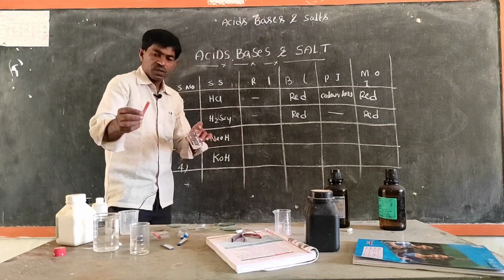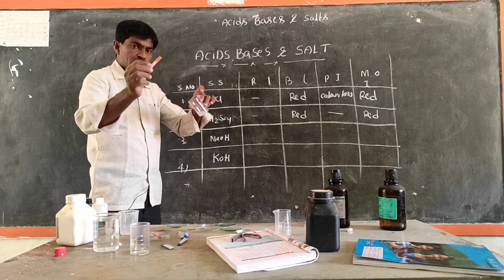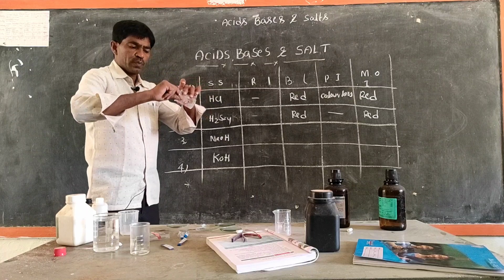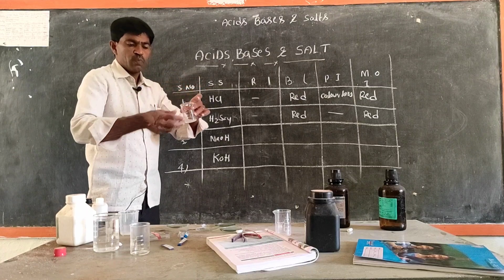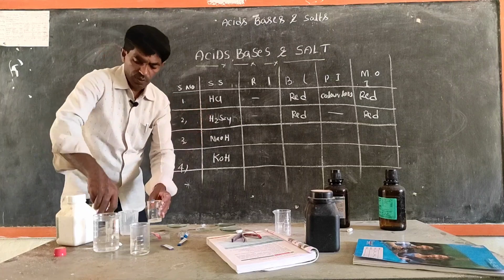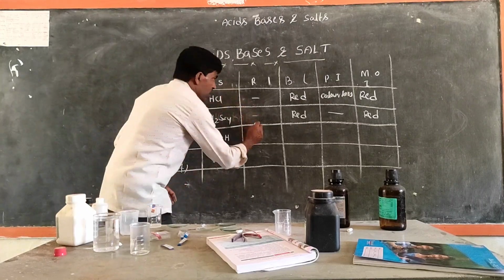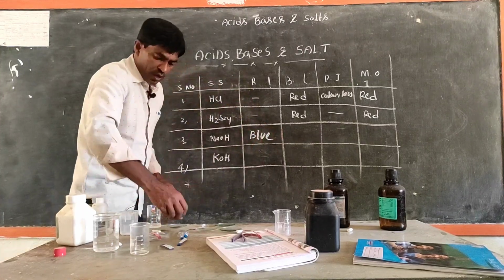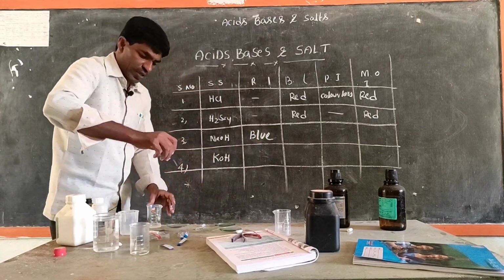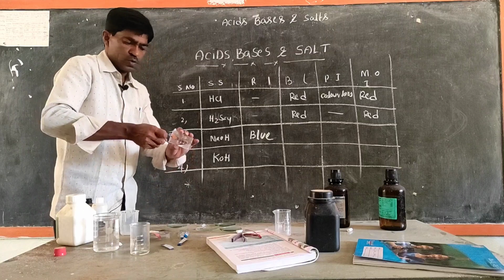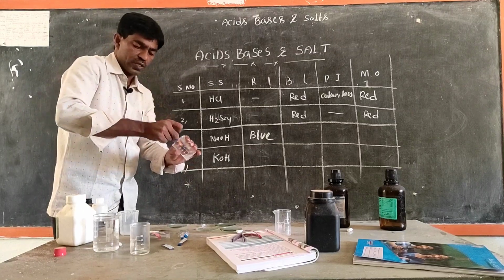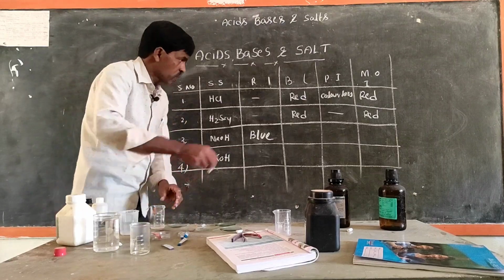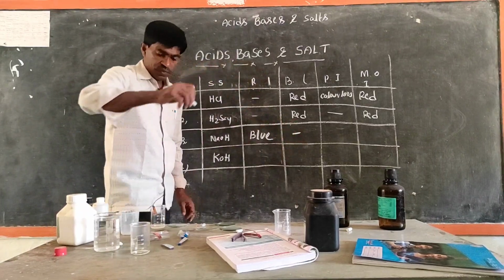Once again, red litmus dipped into the basic solution turns blue. So bases turn red litmus blue. Now test with the blue litmus. This is the blue litmus. There is no change.